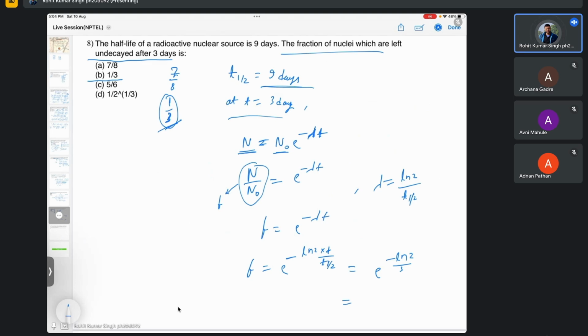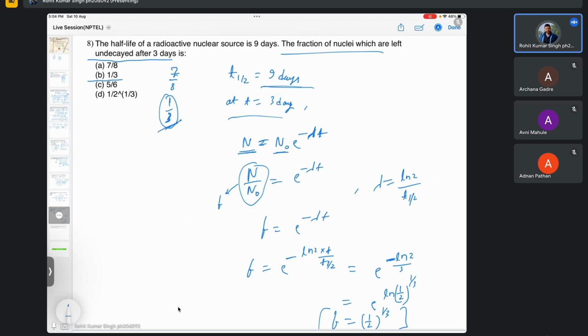And then it's just manipulation. To get the negative sign removed, you can invert 2, and 1 by 3 you can take here like this. And then exponential of natural log cancels, so you are left with this.